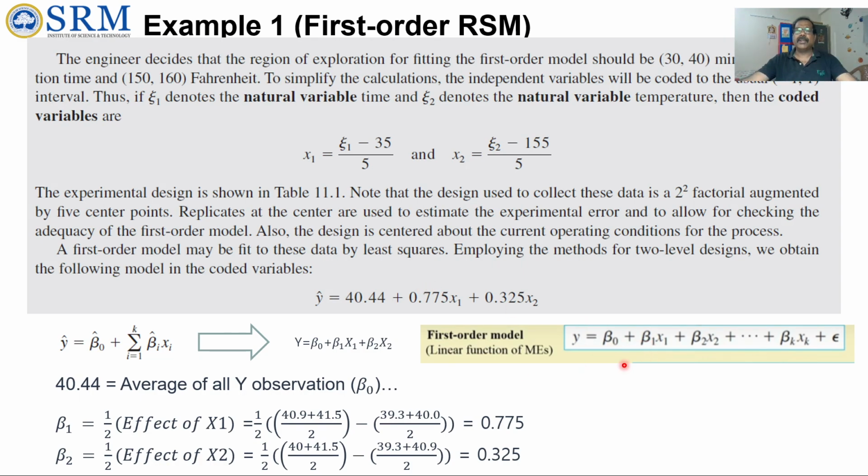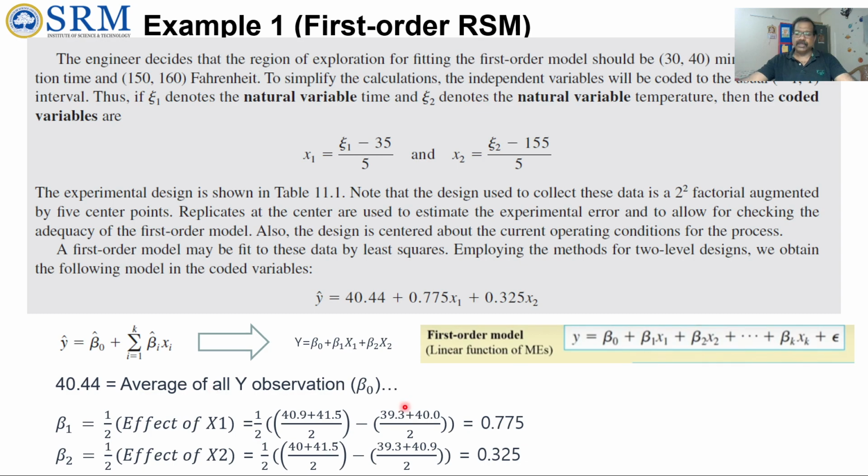The first order model, we know, is y equals beta 0 plus beta 1 x1 plus beta 2 x2 plus error. Please read these steps, maybe you will get understanding. So we need to find beta 0, beta 1 and beta 2. How to find beta 0? Beta 0 is the average of all y observations.